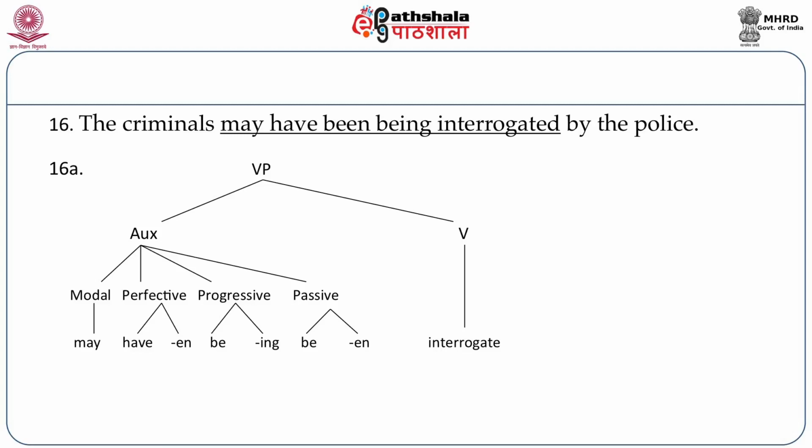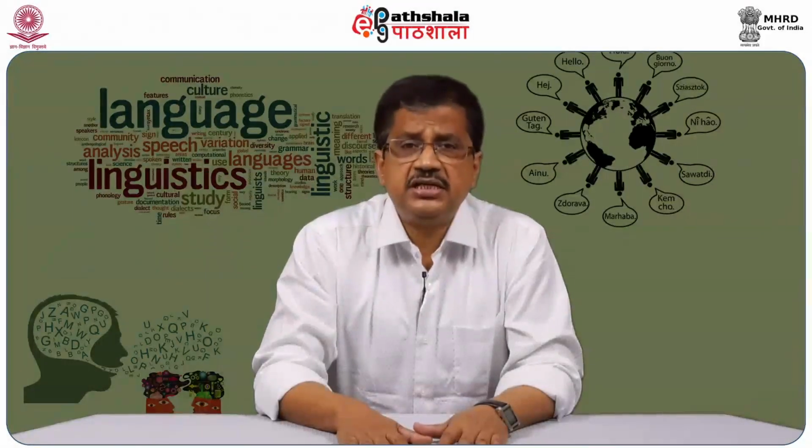Then we have the progressive marker which is be, and the suffix for progressive is ing. Then we have passive. Again, passive, as you know, has a be verb, passive is realized as be verb plus an en suffix. So we have be verb there and en suffix, then the main verb interrogate.